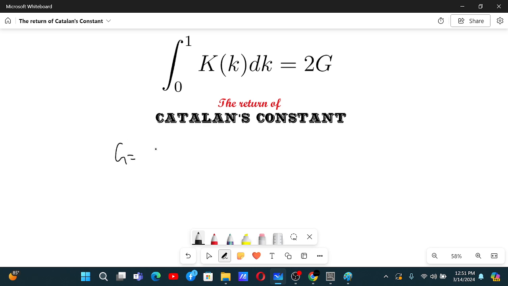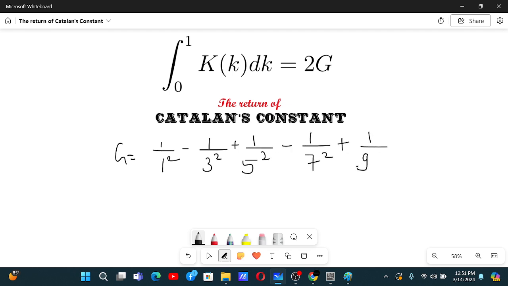Catalan's constant is this number: 1 by 1 square minus 1 by 3 square plus 1 by 5 square minus 1 by 7 square plus 1 by 9 square, and so on. It can't be written in terms of zeta function or any such other functions. That's why it is named after itself.